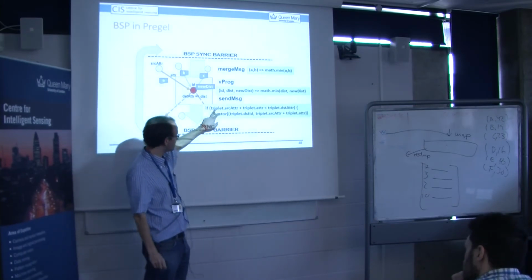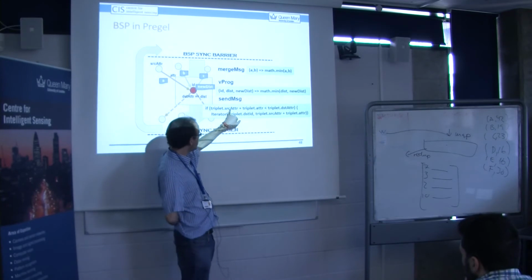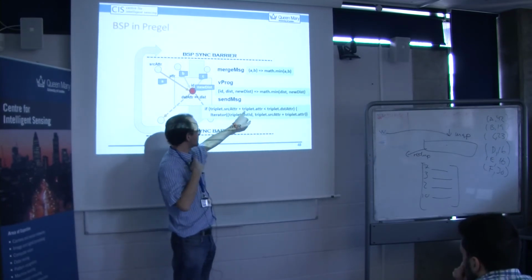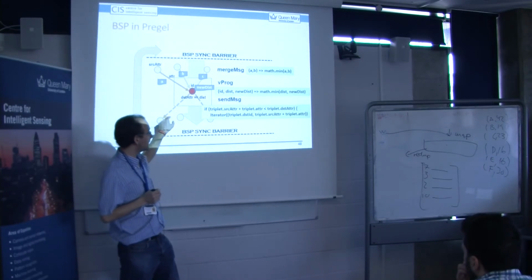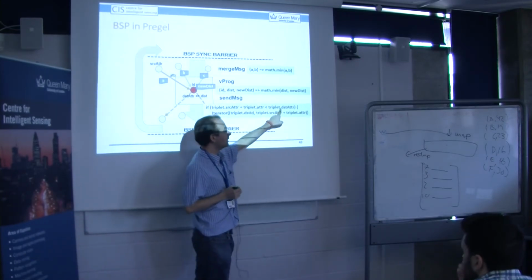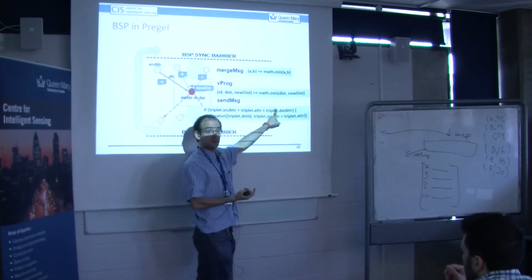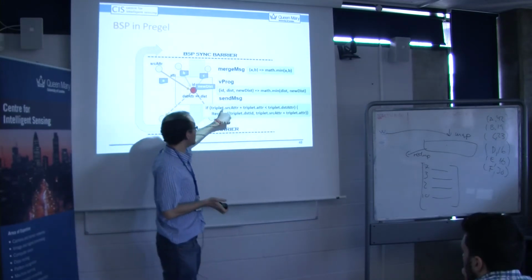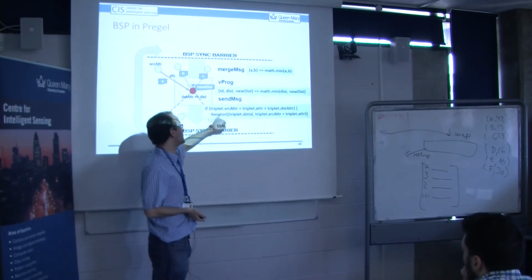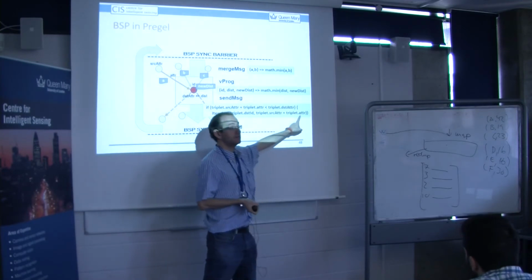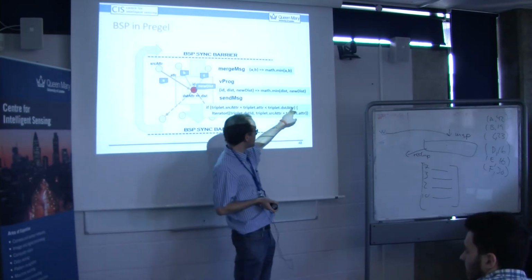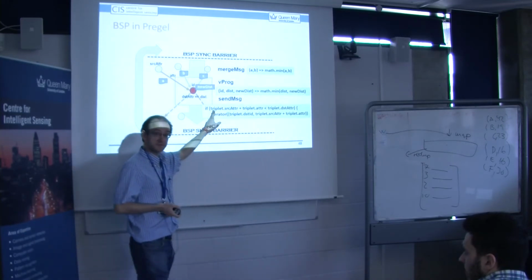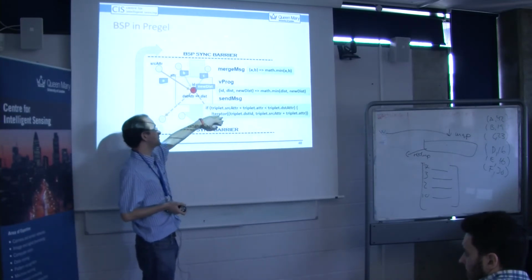And if my own estimation plus the cost of going through this link is smaller than what my neighbor thinks is the best option, then I know a better path for them, and I will send them a message with my suggestion. If I don't know of a better way of solving this, then I will not send a message.